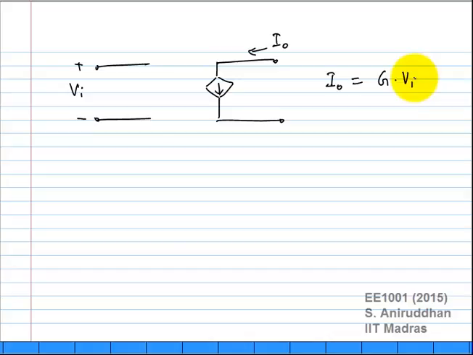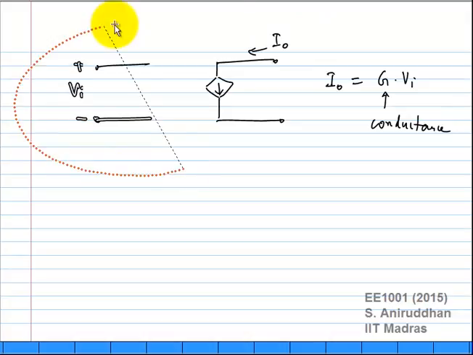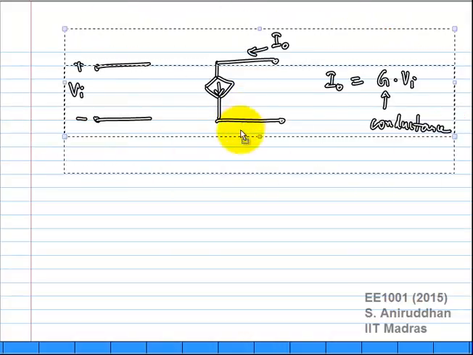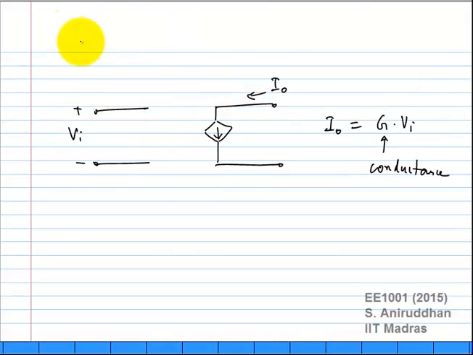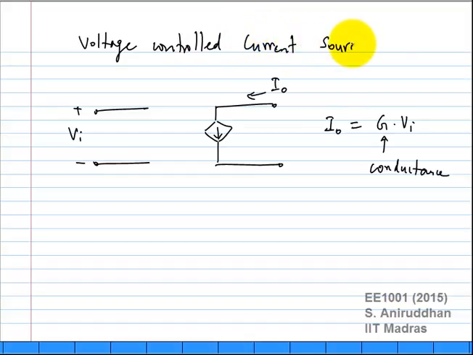Because the units of this particular variable is that of conductance, 1 over resistance. This is a voltage controlled current source.